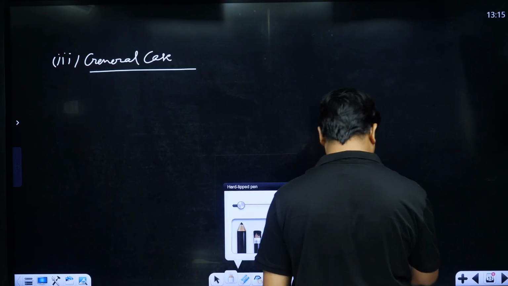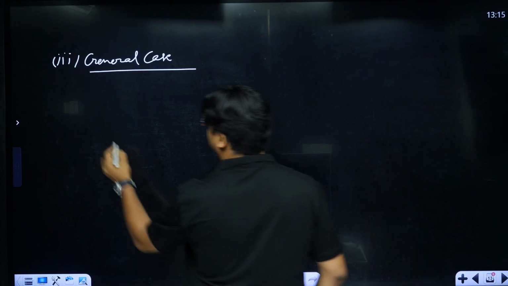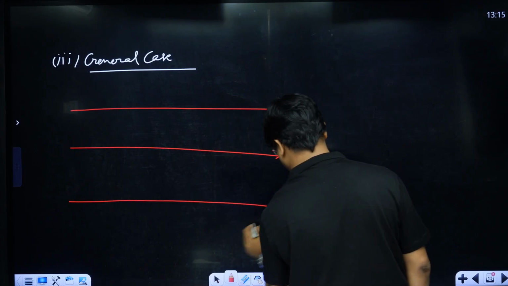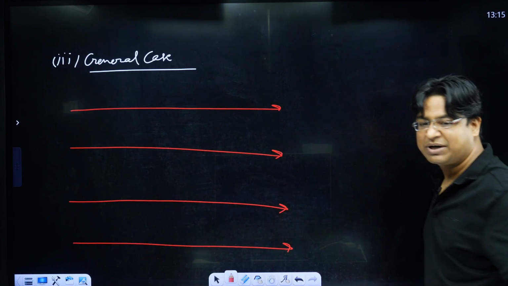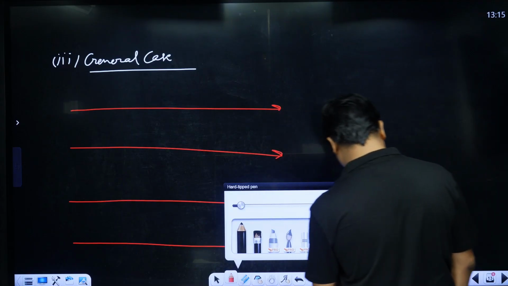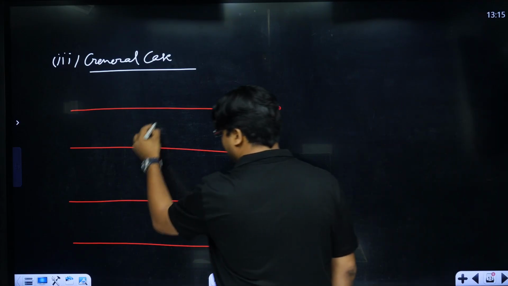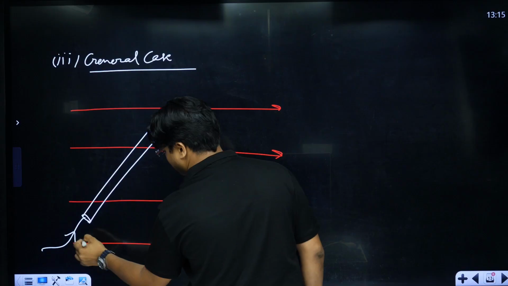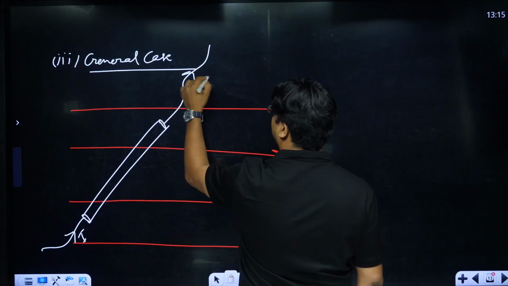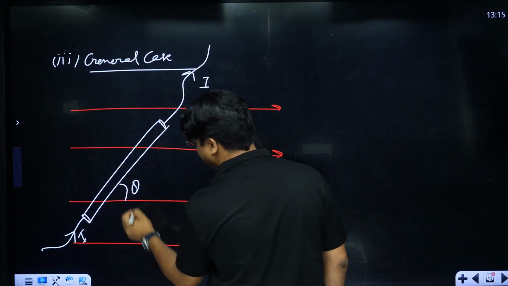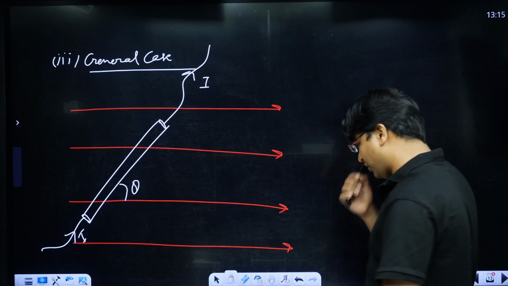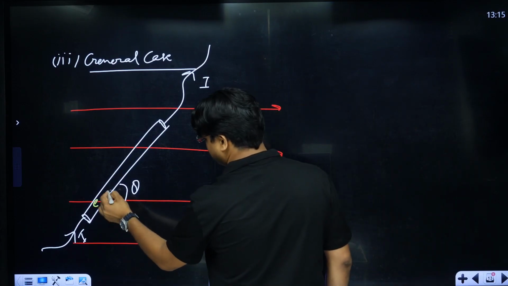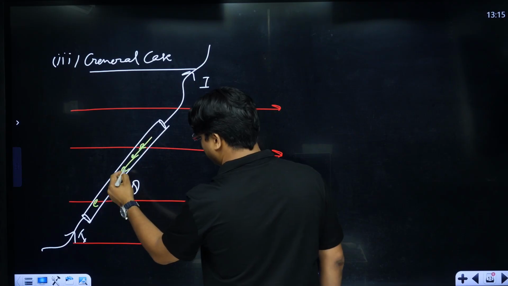Suppose there is a magnetic field like this, and there is a current carrying conductor like this, and this angle is theta. So this time the rod is neither perpendicular nor parallel, and of course the electrons would be moving along the rod like this.